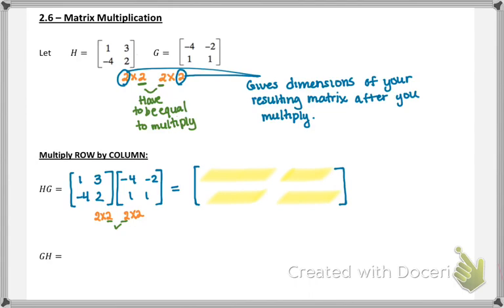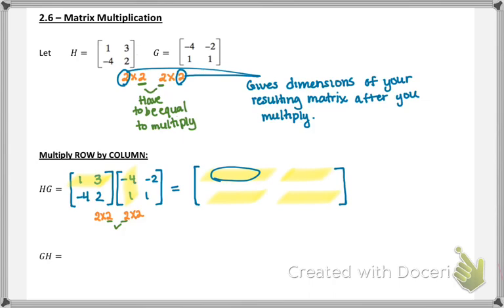What is my first entry over here? Well, remember the location of your entry. The first entry that we're trying to figure out is in the first row, first column. So in order to get this entry, we have to multiply the first row by the first column.